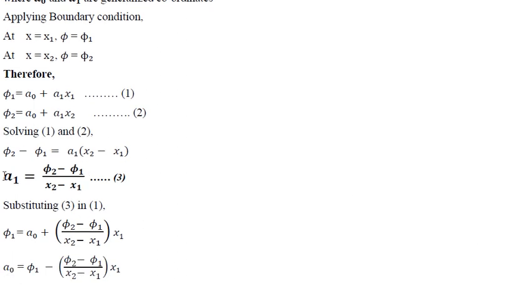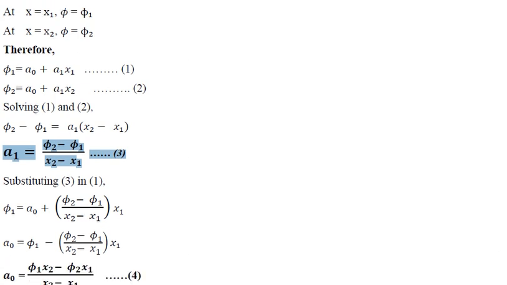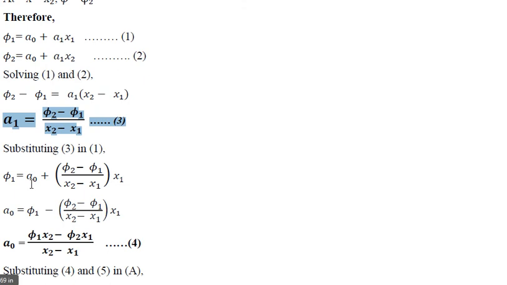After finding a1, substitute this a1 in either equation 1 or 2. So we have substituted 3 in 1. After substituting 3 in 1 and simplifying, we will get a0 as this value. Now we have found the expressions for the generalized coordinates a0 and a1.